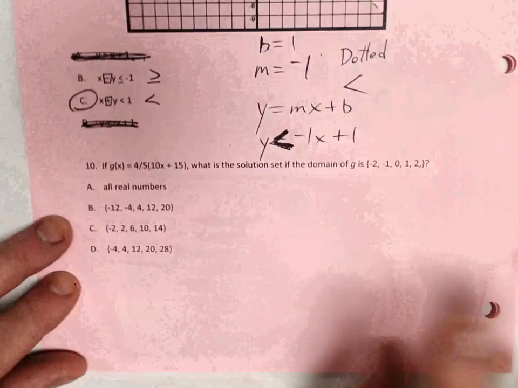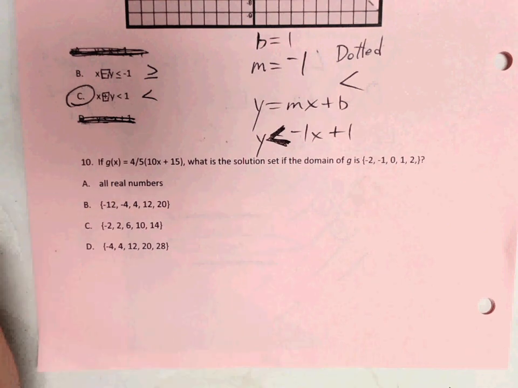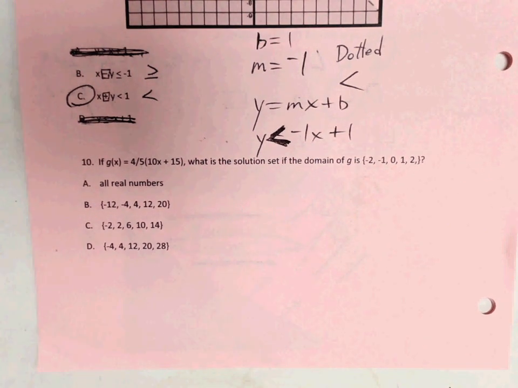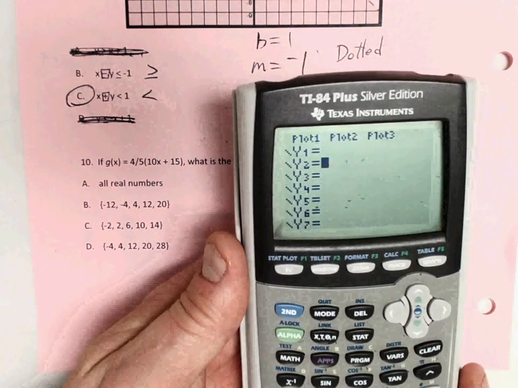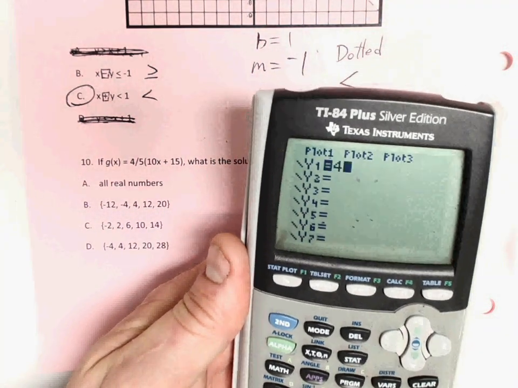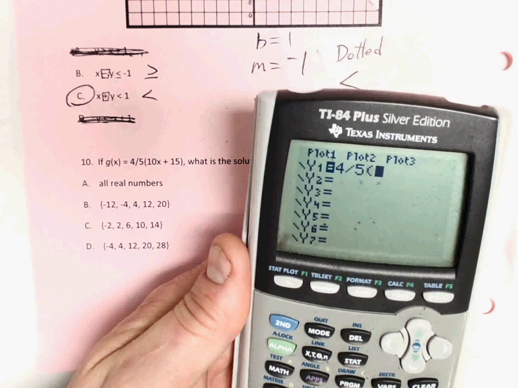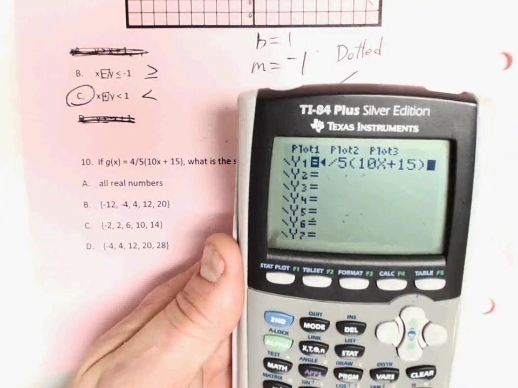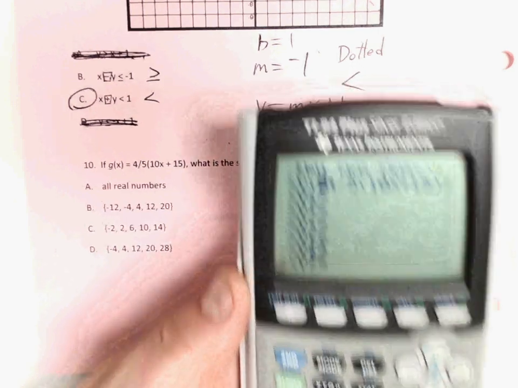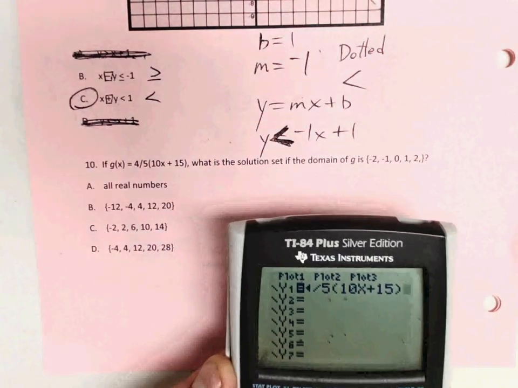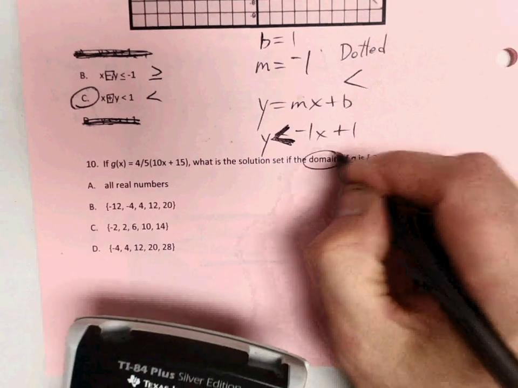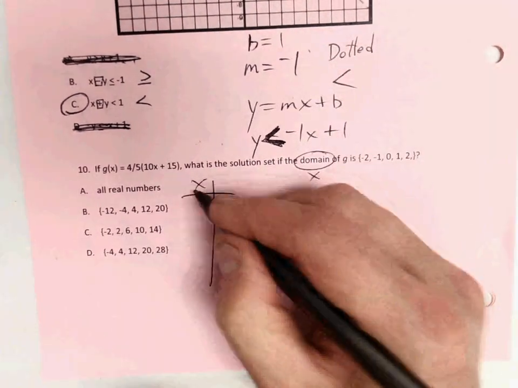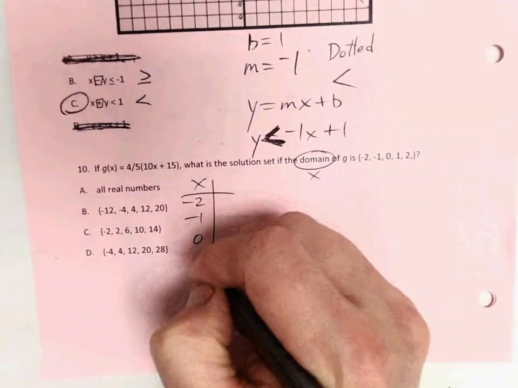And the last one is a calculator problem. Put this bad boy in your calculator. What do we have? 4/5 and then parentheses 10x plus 15. And we want to go to the table because we're having a table of values. Remember, domains are x's, so I have x's of negative 2, negative 1, 0, 1, and 2.